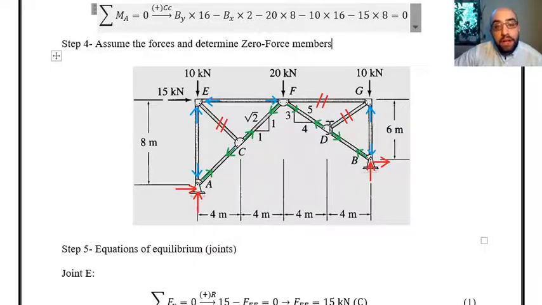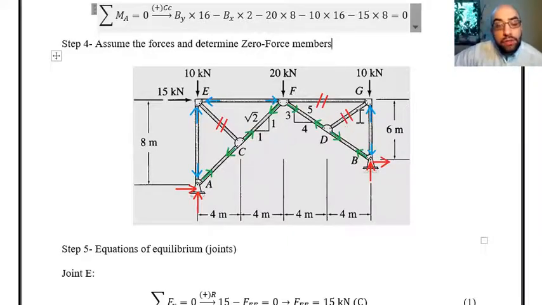The same idea is happening for member DG at joint D. You can see members DF and DB are exactly after each other, and if we assume some force for member DG, there is nothing on the other side to balance this force. So that's why DG should be equal to 0.